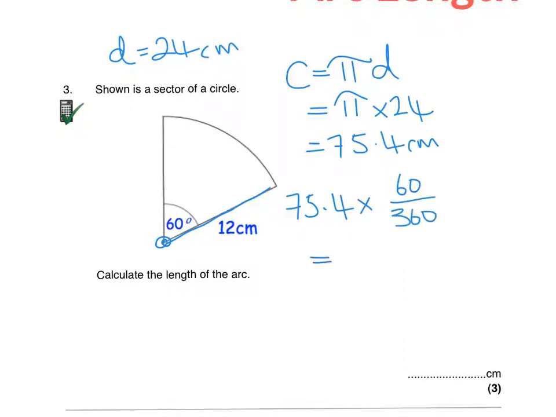Just literally put that in the calculator and it'll give you an answer. And that gives me an answer of 12.6. So that is the arc length for our first question.